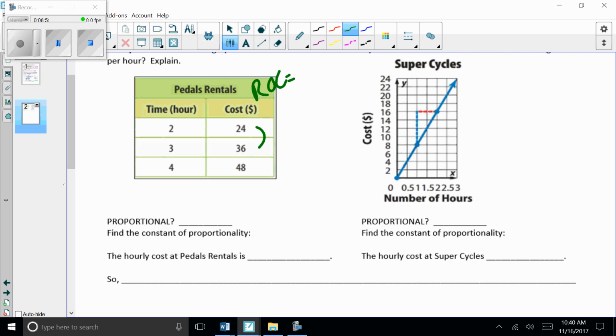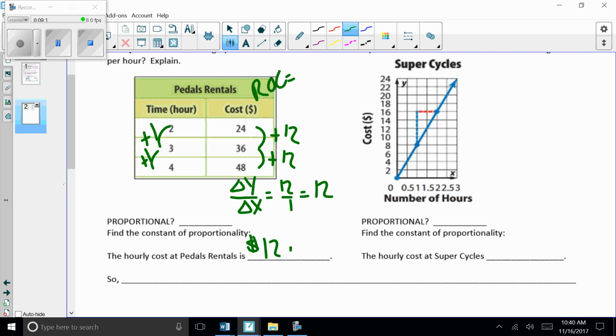My change here is a +12 on both, a +1 on both. So change of Y over change of X is 12 over 1, which is 12. That means that the hourly cost is $12 per hour.